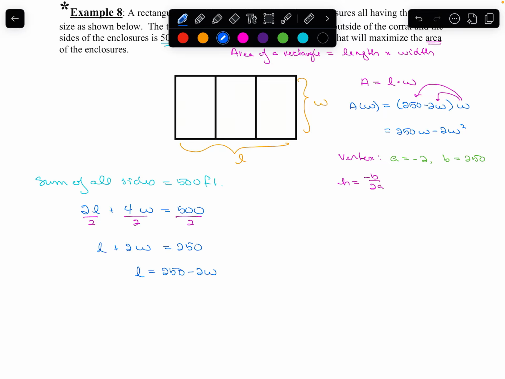In this case, we are actually finding W, the width, because that is the variable of our function. So -250 divided by 2 times -2. That gets me 250 over 4, which ends up being 125 over 2, or 62.5.